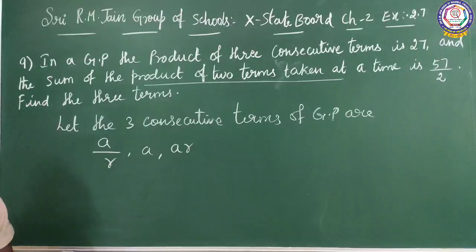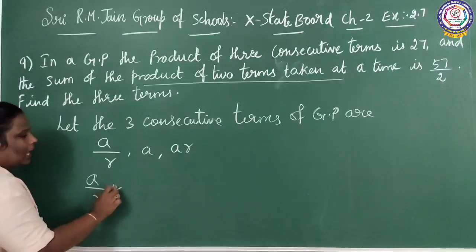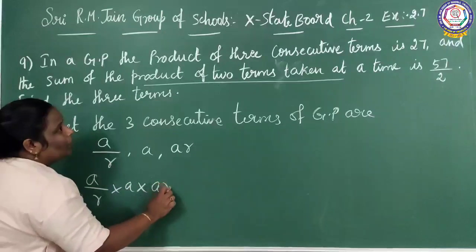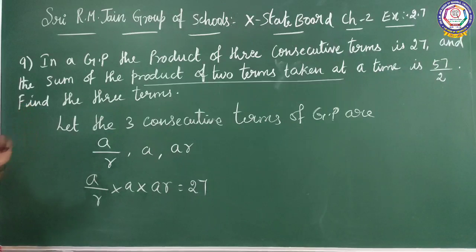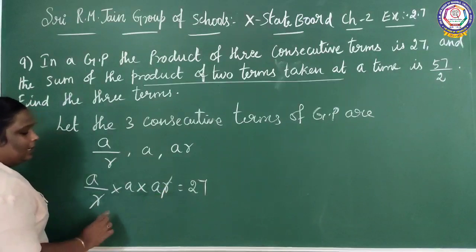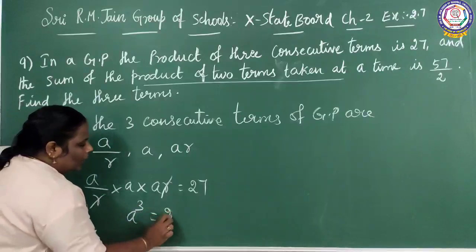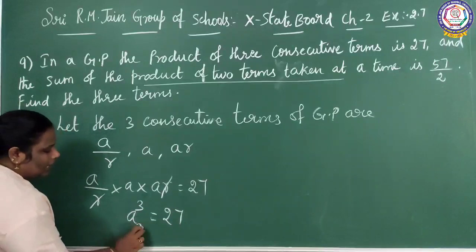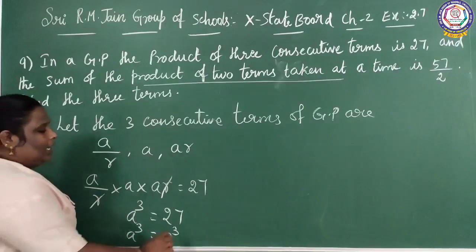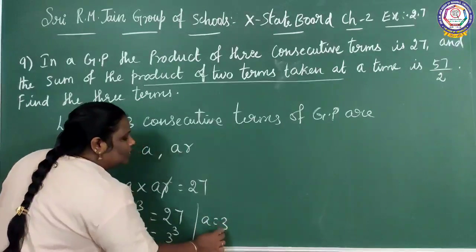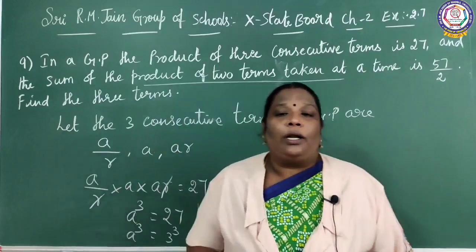Product means multiplication. A by R into A into AR equal to 27. Product of three consecutive terms is 27. You cancel that R and R. That is A cube equal to 27. A cube equal to 3 cube. What is the value of A? A equal to 3.